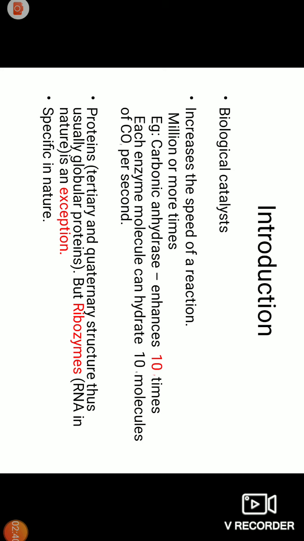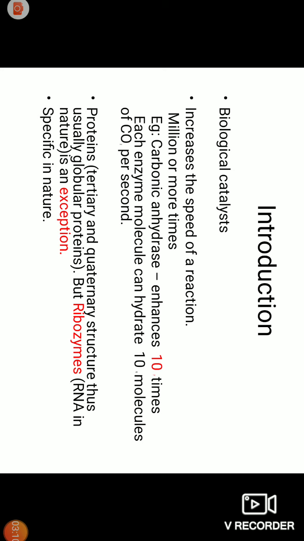So palladium enhances the hydrogenation of the oil. After the catalysis, the catalyst doesn't undergo any change. There is no loss or gain, and no chemical reaction happens to the catalyst. So it will be there as it is. That is regarding the inorganic catalyst.